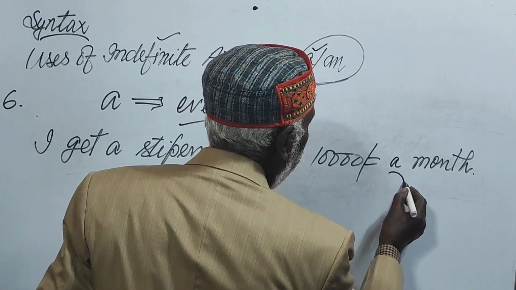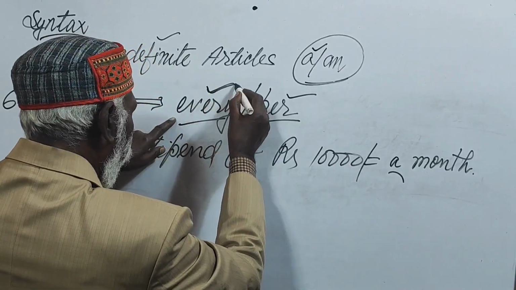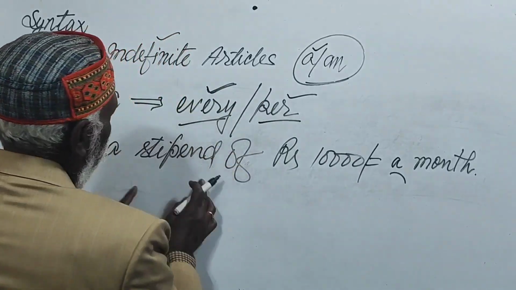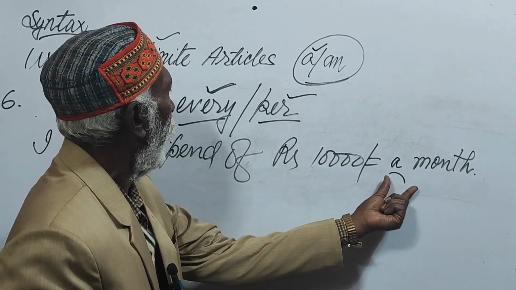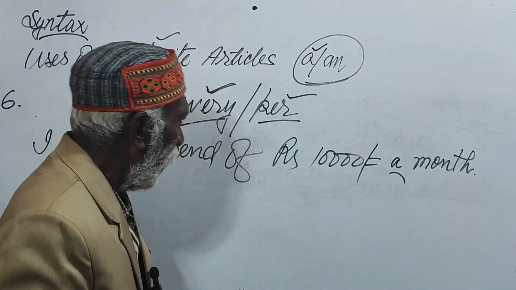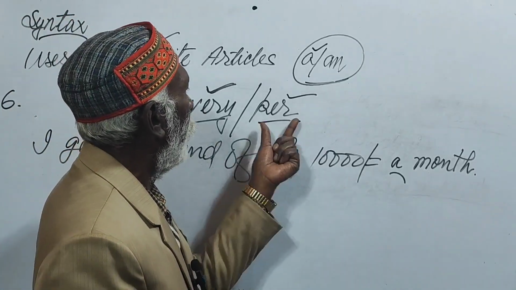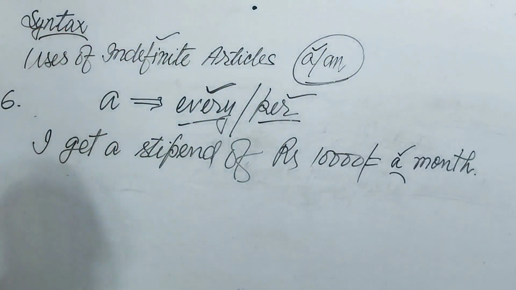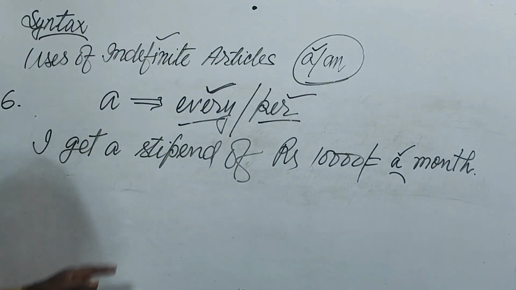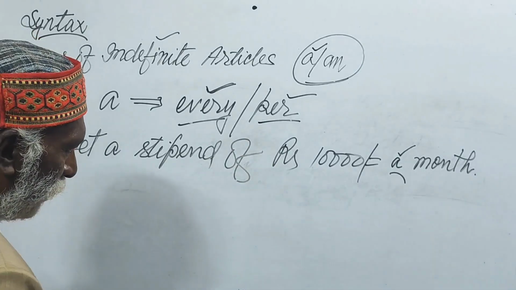A month. A refers to the sense of every. I get a stipend of 10,000 every month, or I get a stipend of rupees 10,000 per month. Here a is used in the sense of every and per.